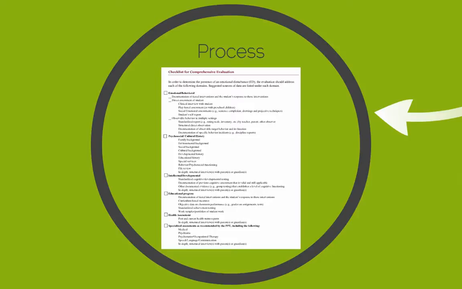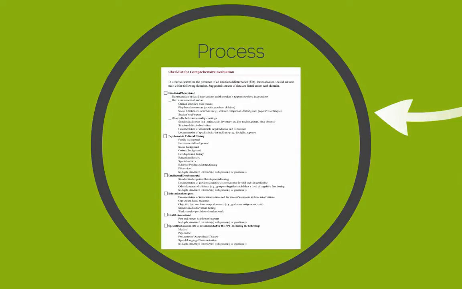So again, there is a process and a set of assessment tools that you use in identifying a student with emotional disturbance. Certainly there's the psychosocial and cultural history, intellectual development, educational progress, health assessment to rule out health problems, any other assessments recommended by any therapist or professional.